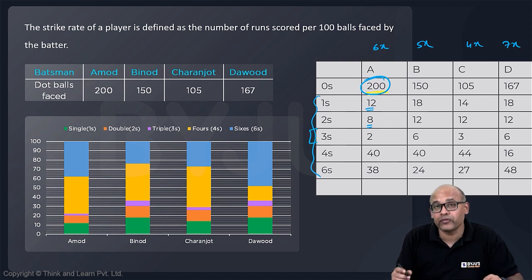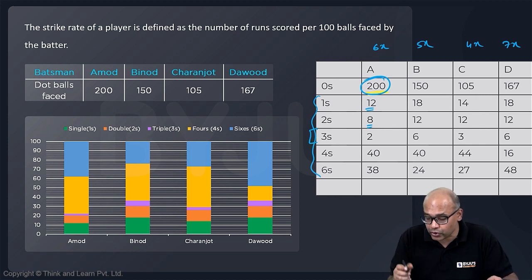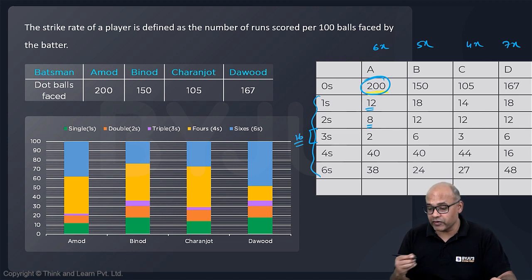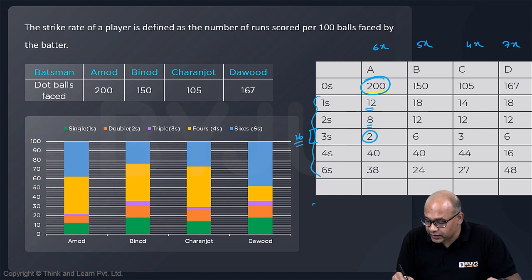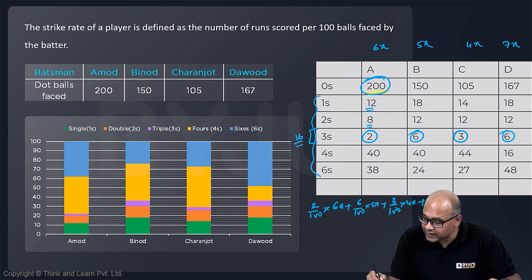And the total number of 3s scored is given to us as 16, which means 2 by 100 of 6x plus 6 by 100 of 5x plus 3 by 100 of 4x plus another 6 by 100 of 7x.